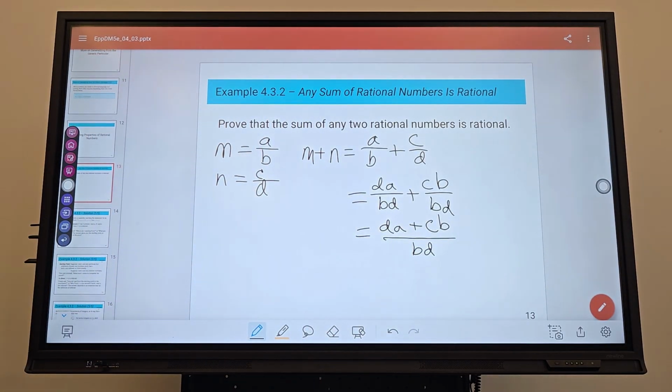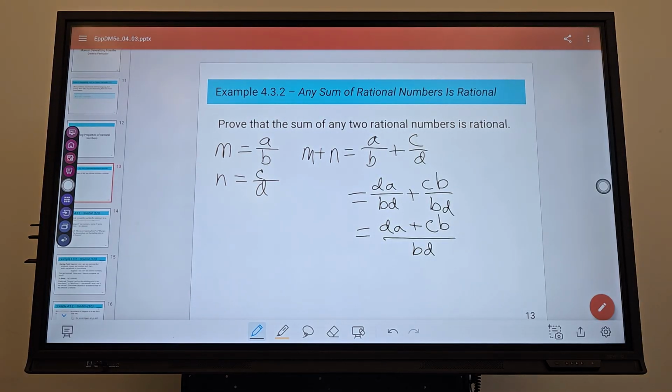And the numerator and denominator are all integers.